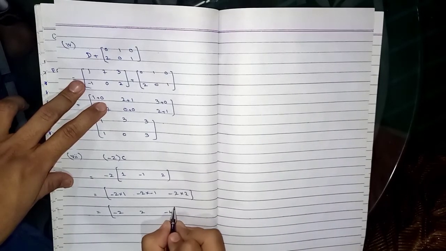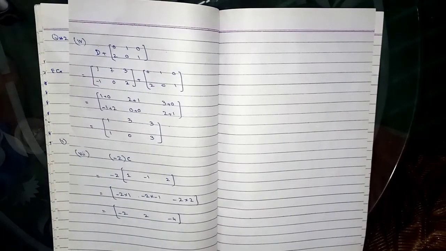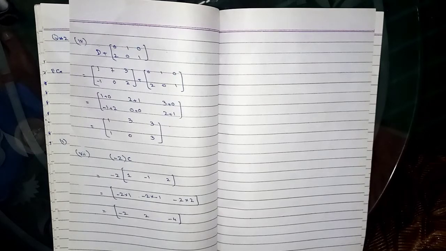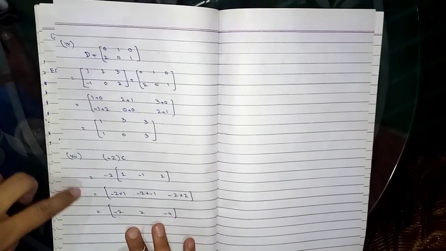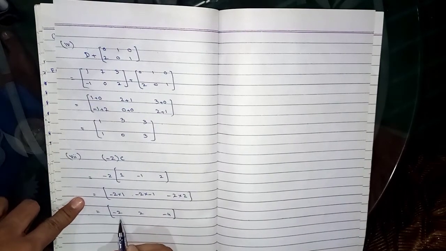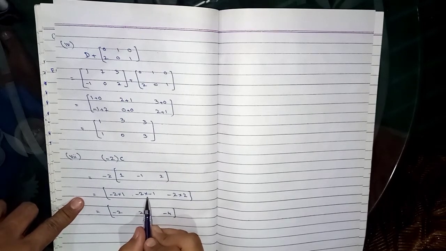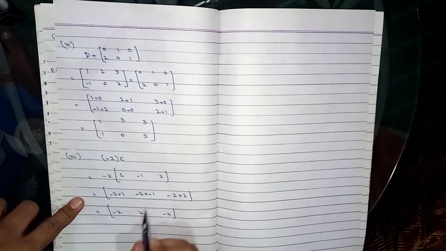Students, if you face any problem with addition and subtraction of matrices, I will explain in detail in question numbers 4 and 5. You may also use a calculator and write -2 multiplied by 1. You will see the answer -2. -2 multiplied by -1 on the calculator: minus times minus is plus, 2 ones are 2.